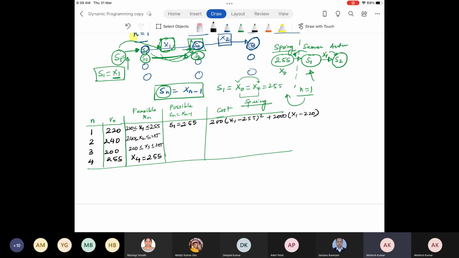Does this make sense? So at the start of season 1, I know I have 255 employees. That is my state. Now based on the cost equation, I will try to see what X1 will be optimal for me, or will give me the minimum cost. Does that make sense now?